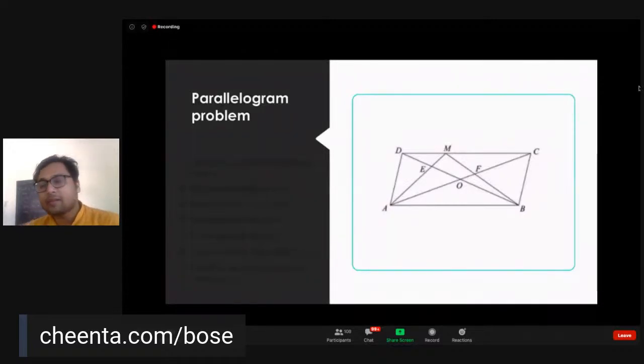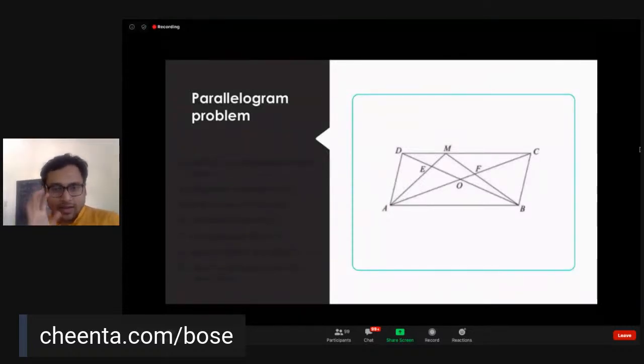A parallelogram is a quadrilateral whose opposite sides are parallel to each other. In this picture, AD is parallel to BC and AB is parallel to CD. So that's what a parallelogram is. Its opposite sides are parallel to each other.